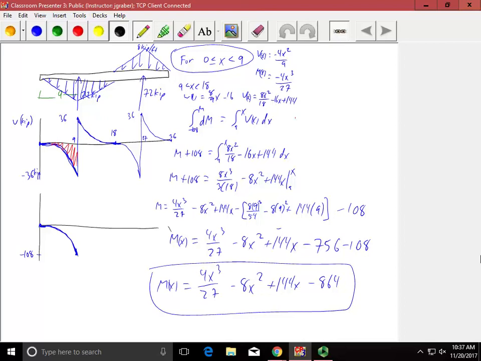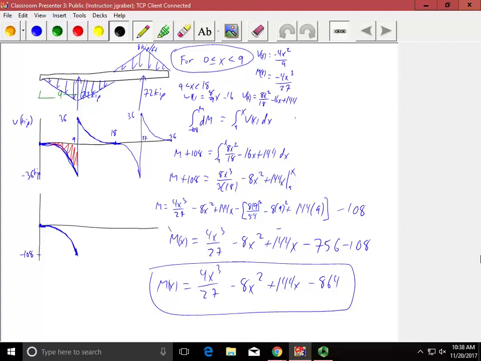Okay, so we got ourselves an equation for the moment between 9 and 18. Then we can plot it. Really, all we need to plot it is we need to plug in 18.